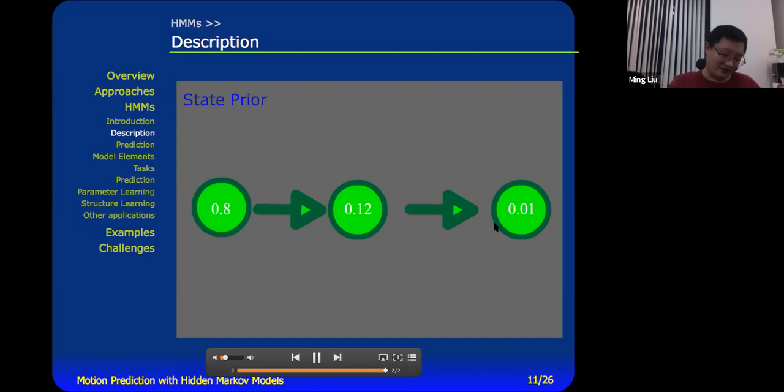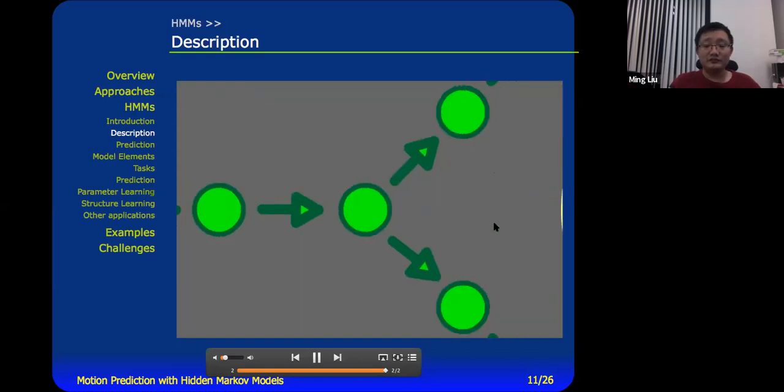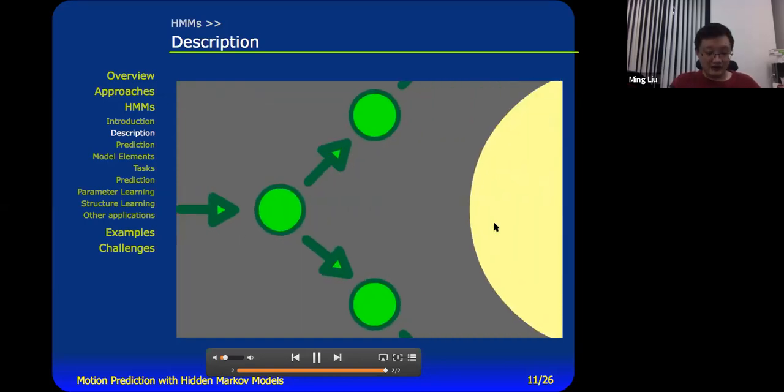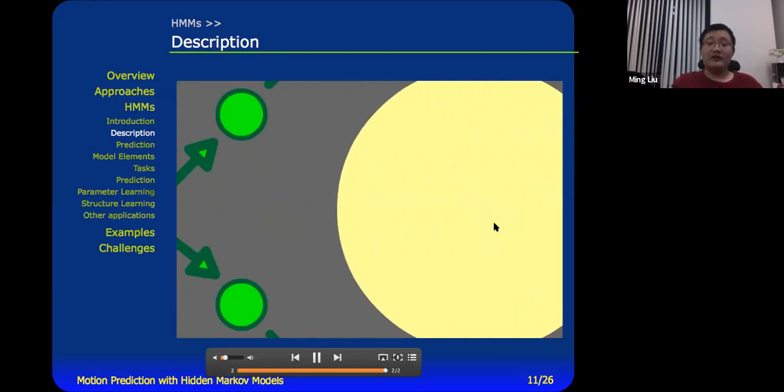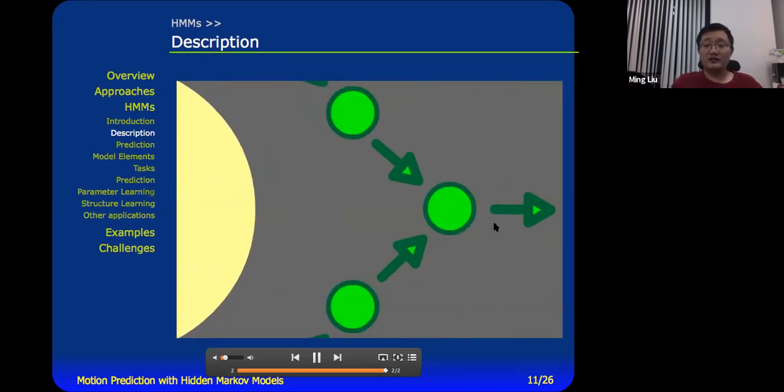Okay. So here is the initial state. And at some given position, you have this transition probability. You have maybe a little bit higher chance to move to the right, lower probability to come to the left.